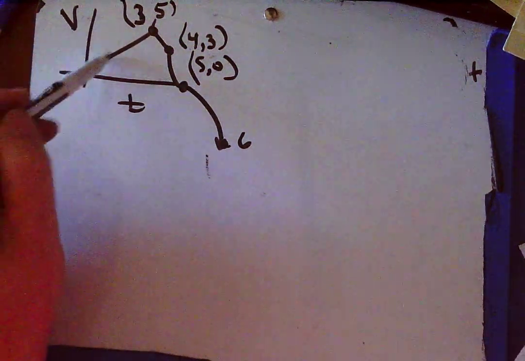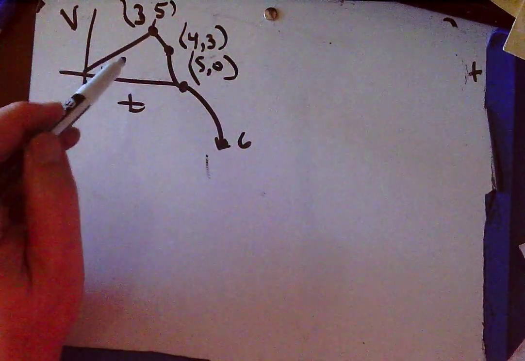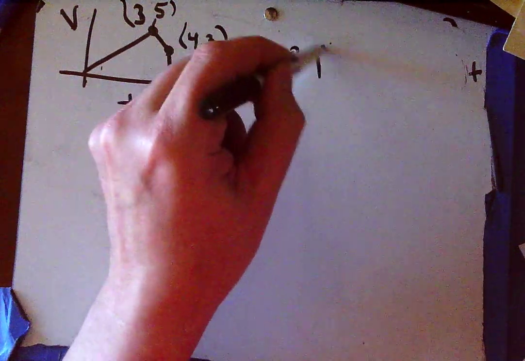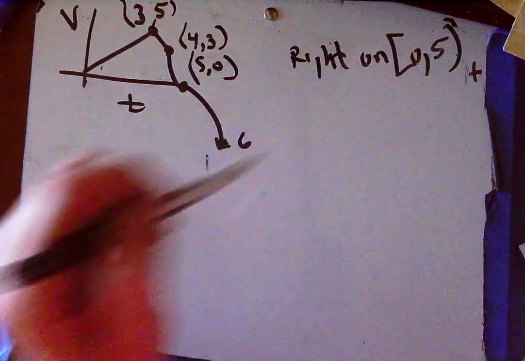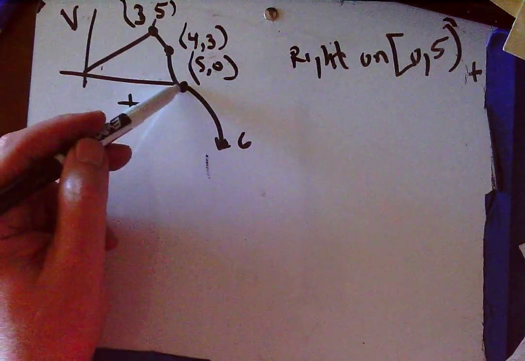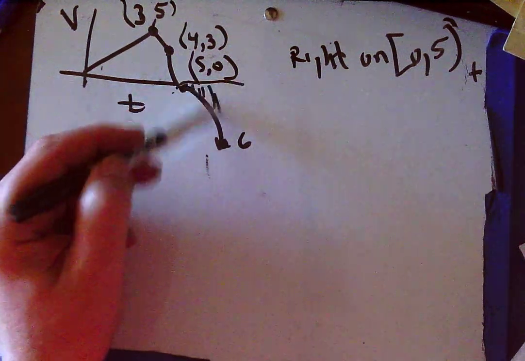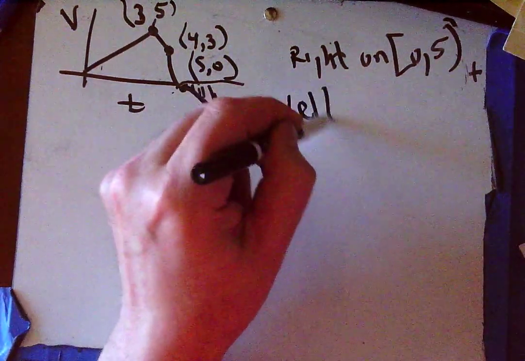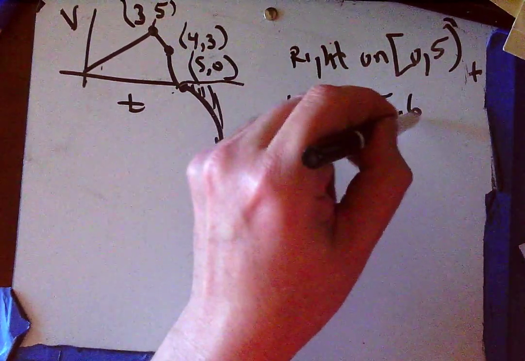Well, since velocity is positive all this time, that means the fish is swimming to the right on 0 to 5. Once we pass time equal to 5 seconds and start going below that axis, we go left then on 5 to 6.